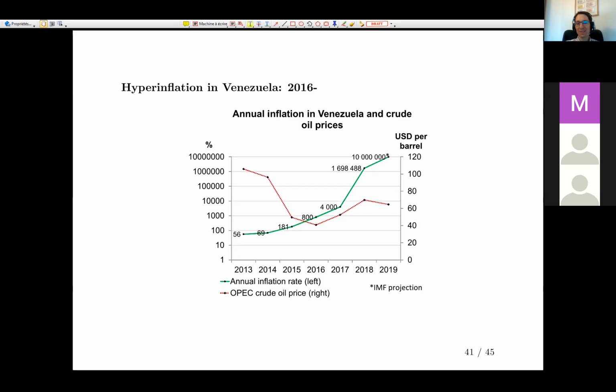Everything was well until there was a crash in the oil prices. So this was the crash.